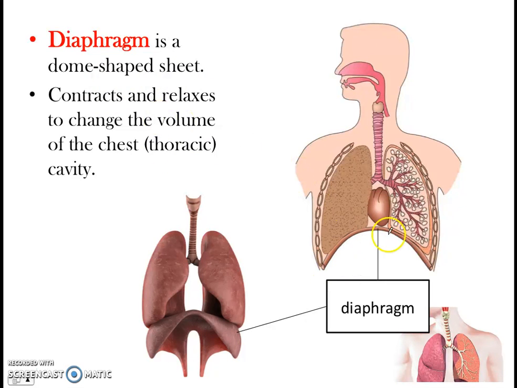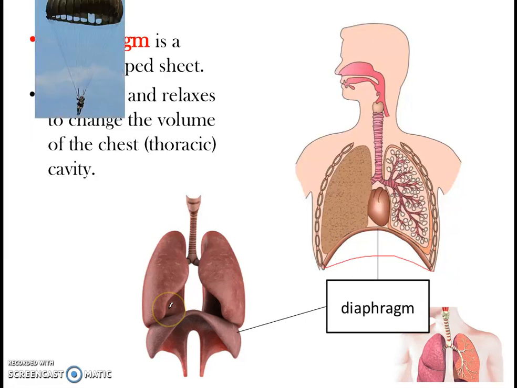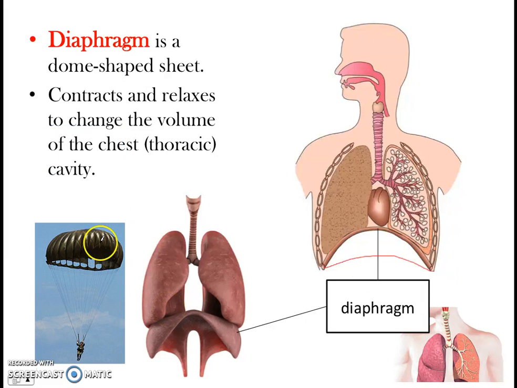And it can contract and relax to change the volume of your chest cavity. Now, when the diaphragm contracts, it flattens out like this. So it becomes flatter and it increases the volume of this chest cavity. When it relaxes, then it will come back up in this manner. So it's interesting, it looks a bit like a parachute, so I place this picture here. So diaphragm, that's the other important muscle you need to know.